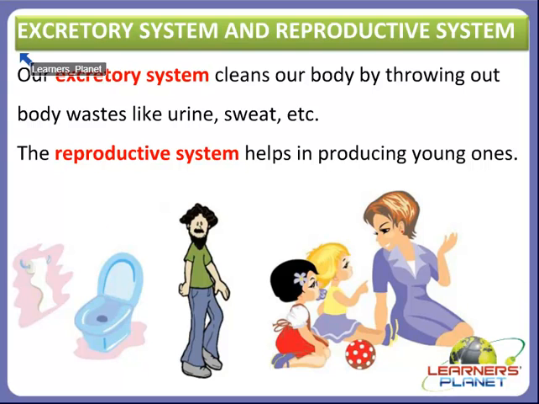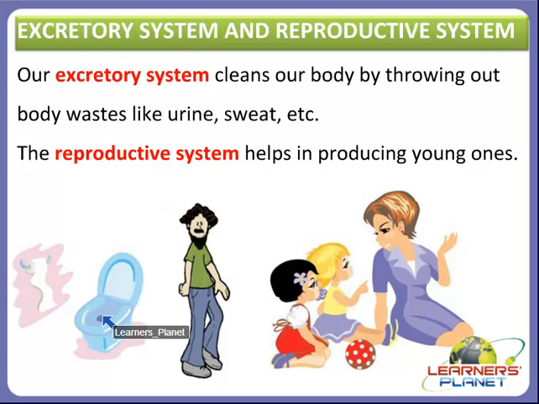Now we will study about the excretory system and the reproductive system. So what is the excretory system and the reproductive system? Our excretory system cleans our body by throwing out body waste like urine, sweat, etc. You can see in the picture, right?